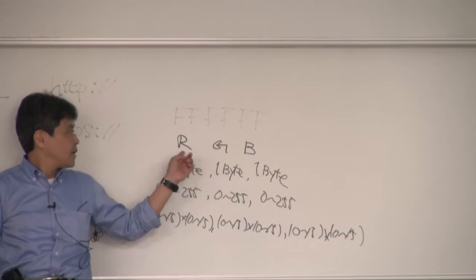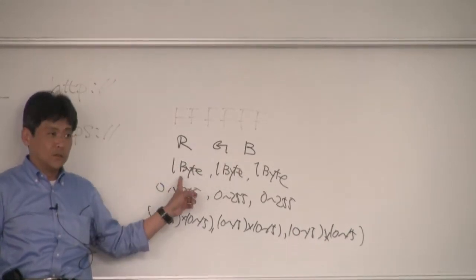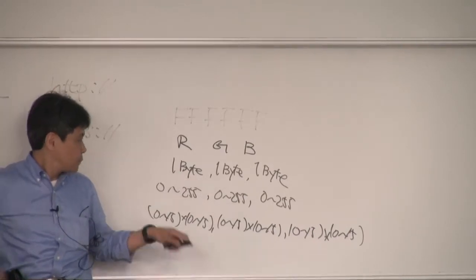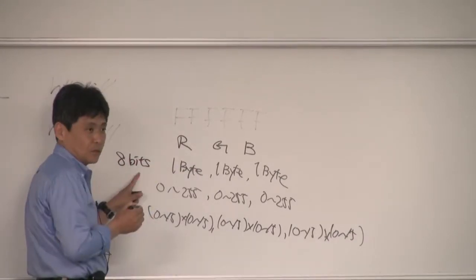So as I explained, each of the RGB components has 1 byte. 1 byte is 8 bits.